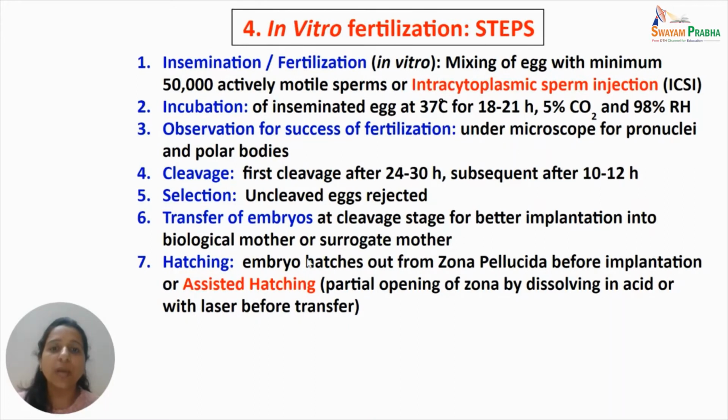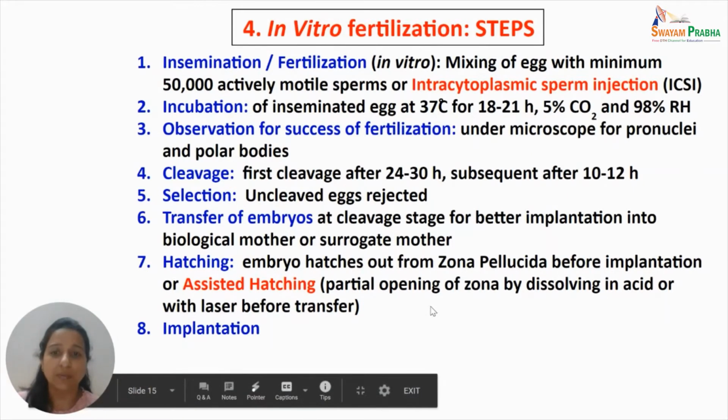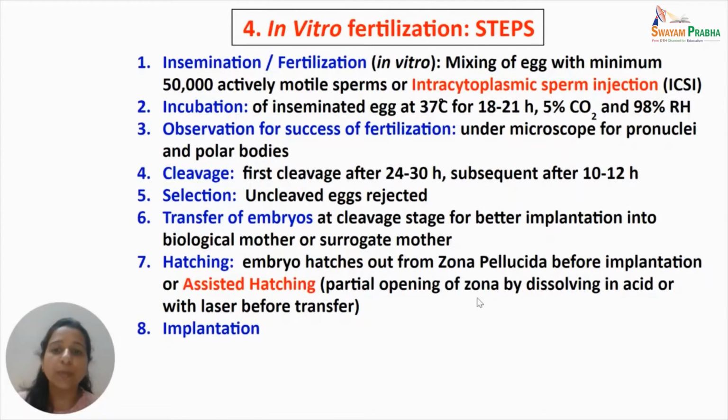During hatching, the embryo actually breaks off its zona pellucida before implantation, and generally this happens, but if this does not happen, then an assisted hatching step is added, during which the zona pellucida is partially opened by dissolving it in acid or also with the laser just before transfer, which helps in hatching. That is why this one is the assisted hatching step. And the final step is that of implantation, during which the hatched embryo implants itself into the uterus of the mother.